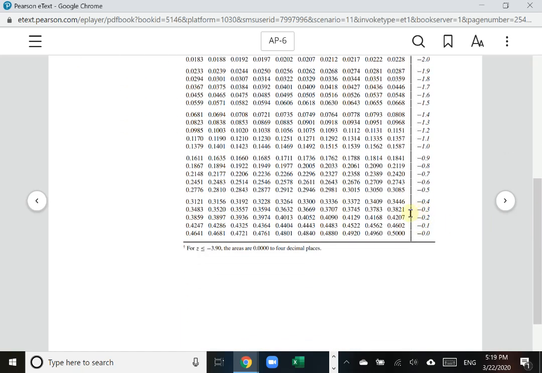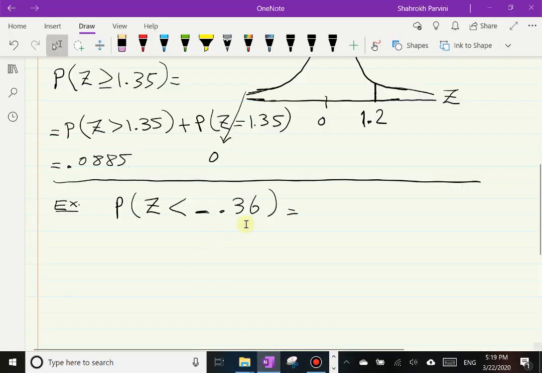There we go. So I'm going to go to negative 0.3 and 1, 2, 3, fourth column from the left. This is where the number should be: 0.3594. I'm going to write that down, 0.3594. That's where that is. So that's how we find the area to the left of negative numbers.